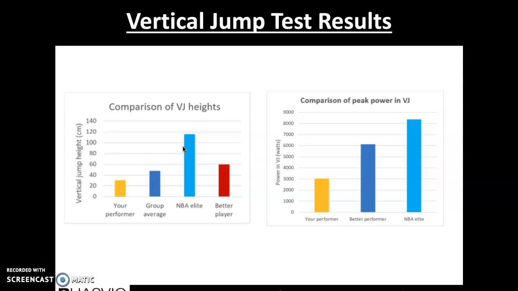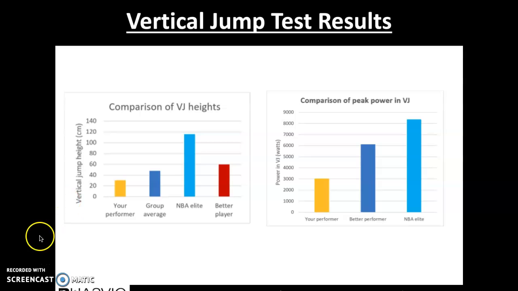So this is perhaps a weakness of the performance, and therefore we would implement strategies to try and increase the height of the jump, to increase power, as it's so vital in basketball, and this is the sort of level we would need to achieve as an elite standard. This value shows us how much power you actually need in a vertical jump to be successful in performing rebounds and shots.